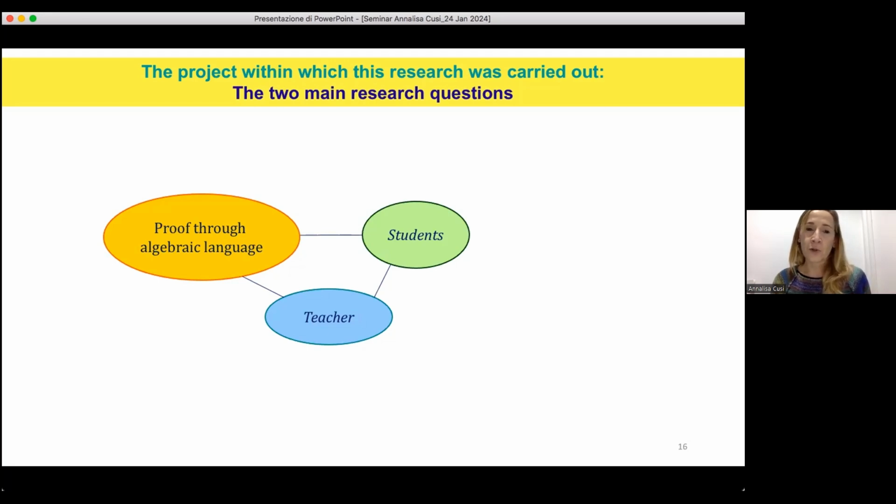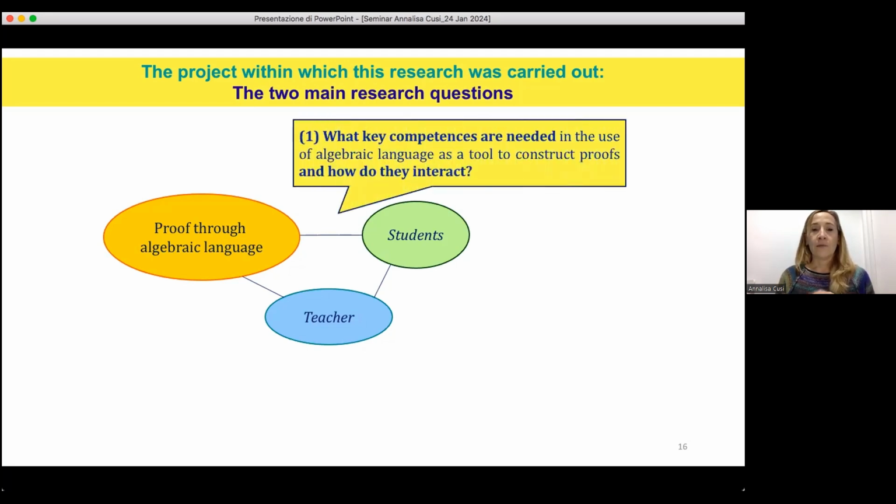I worked on different research questions. Today, I'm focusing on the 2 main ones. The first one is related to the ways in which students use algebraic language to prove statements involving numerical and arithmetical properties. And the aim of the research connected to this question was to highlight the key competencies that are needed for an effective use of algebra as a thinking tool, and also to investigate the interaction between these competencies.